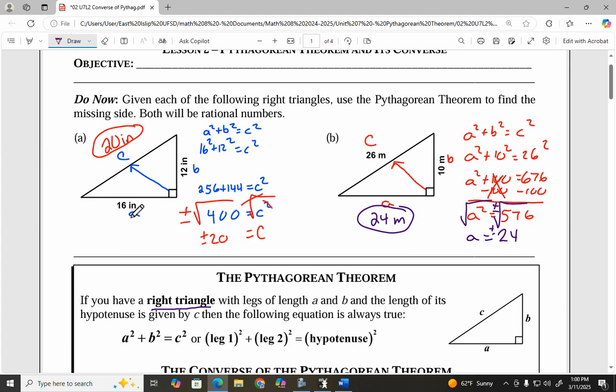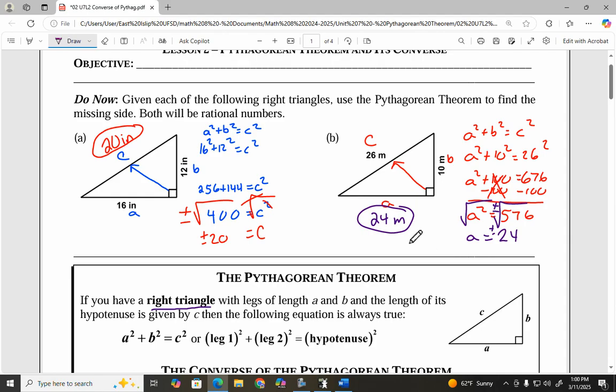So over here, 16, 12, and 20 in our do now, since they were all whole numbers, that's actually a Pythagorean triple. And letter B of the do now was also a Pythagorean triple, 10, 24, 26.